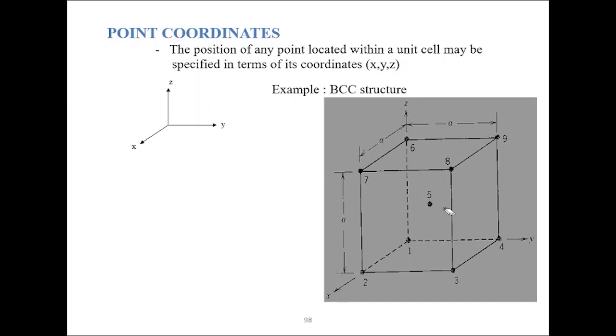Right. So we look at the coordinate for point 5. The coordinate for point 5 will be half in x direction, half in y direction, and in z direction it also moves half.